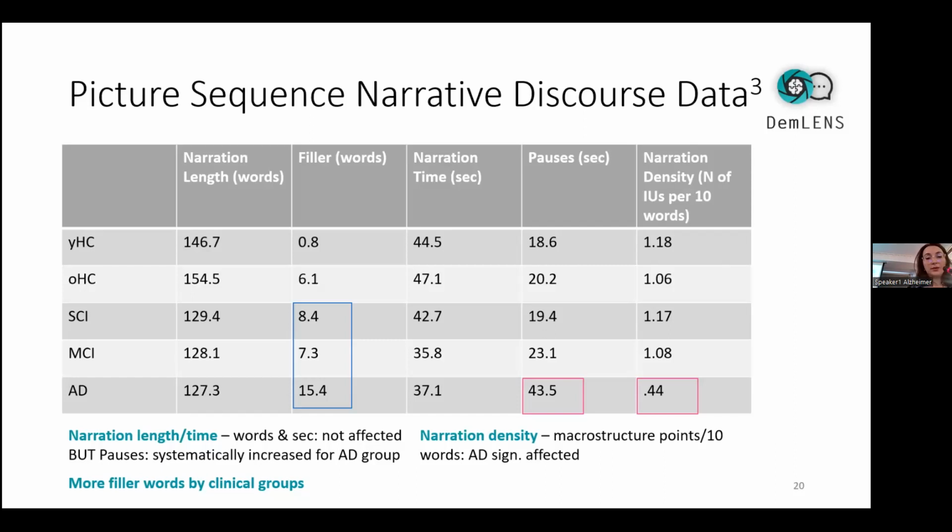Also, with regard to the narration density, even though 4 of the groups did not differ from each other, we found that there is a significant drop with regard to AD speakers, which was not attested when we looked at single picture description. So for narrative density to drop, we need a different kind of task. So that sort of effect is concealed when you use single picture depiction.